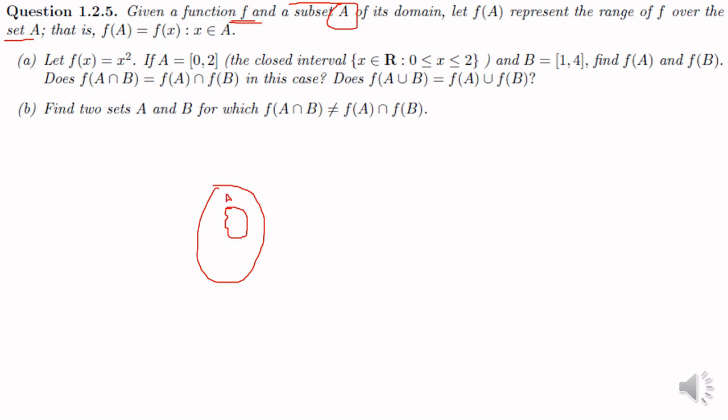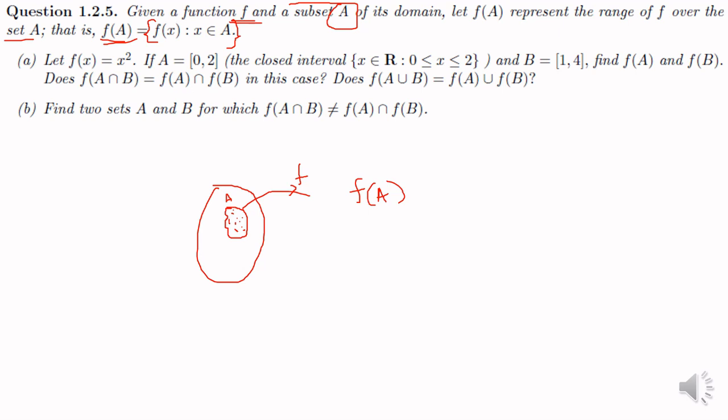Now the set of all images of the elements of A under the function f is denoted as fA. That means fA is equal to the set of all f of x such that x is an element of A. That means it is the set of all images of the elements of the set A.